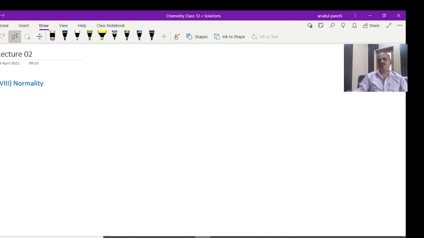We learned various methods of concentration like mass percentage, volume percentage, mass volume percentage, which is also called strength. Then you learned parts per million, mole fraction, molarity, and molality.